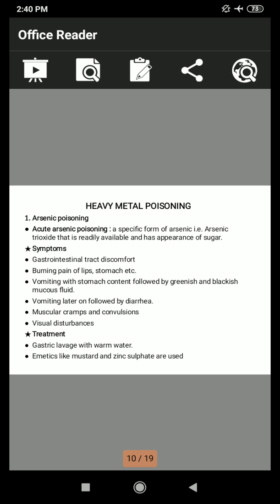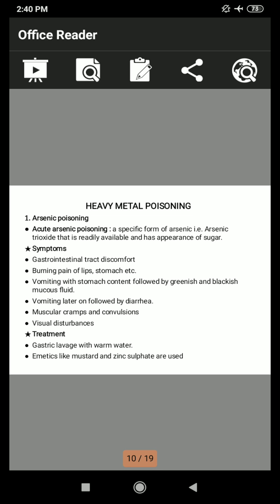Then treatment: gastric lavage with warm water. Then emetics like mustard and zinc sulfate are used. Then freshly prepared hydrated ferric oxide is introduced in the stomach as an antidote, which converts arsenious acid into non-toxic ferric arsenate.